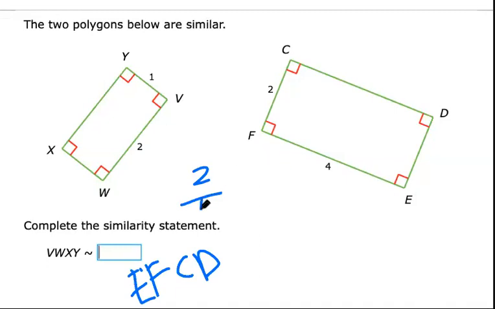EF right here is 4. And then my next side is FC. WX. So WX right there would be 1. And then on this one, FC would be 2.